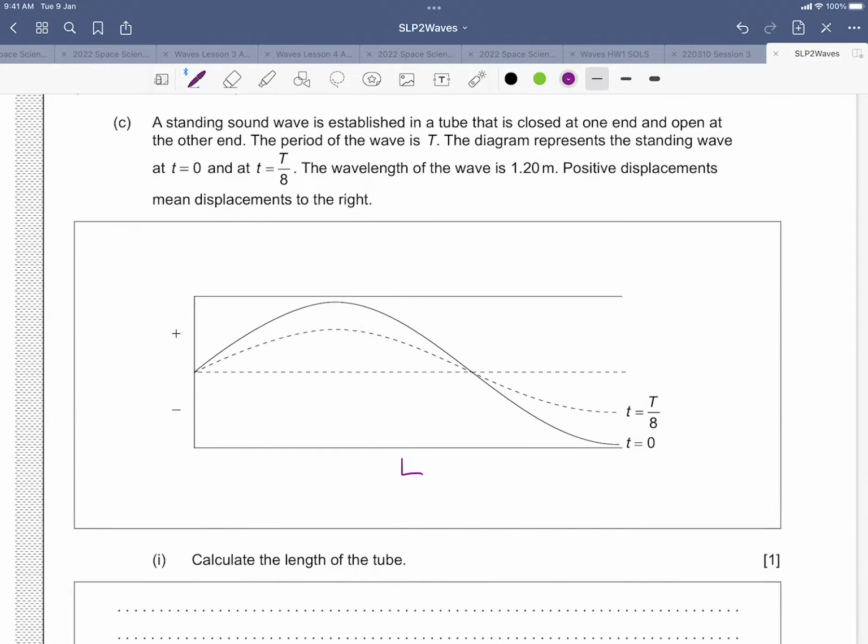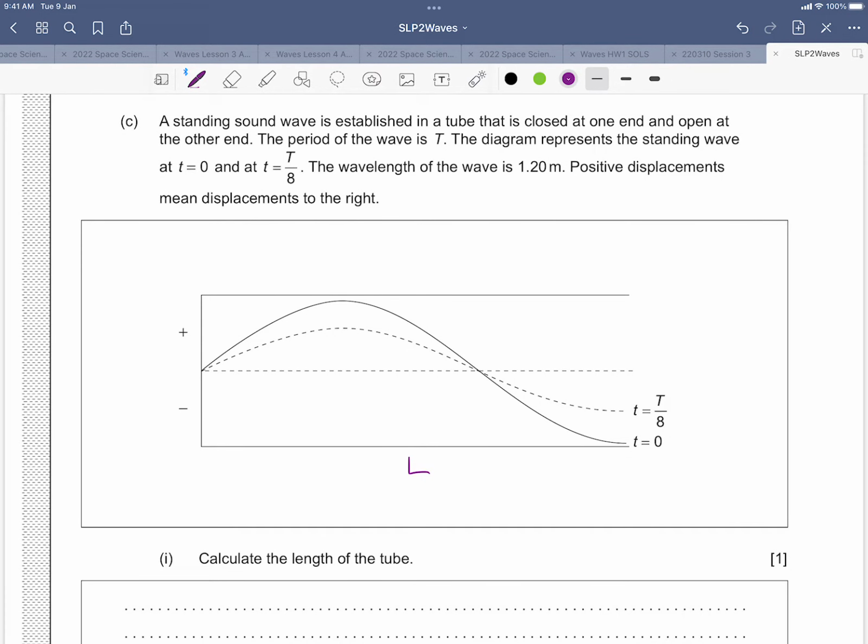Okay, then we're looking at a standing sound wave in a tube, a half open tube. And we look at this, and we of course immediately have to be able to identify that this is the second harmonic. Okay, we have a node, antinode, node, antinode, right? The first would be just a node at the closed end and one antinode at the open end.